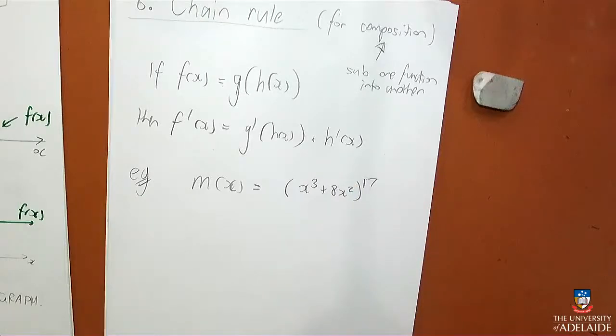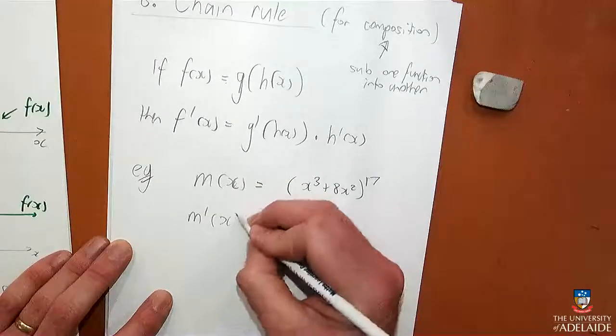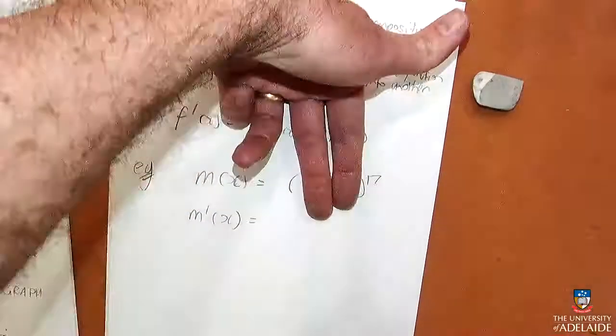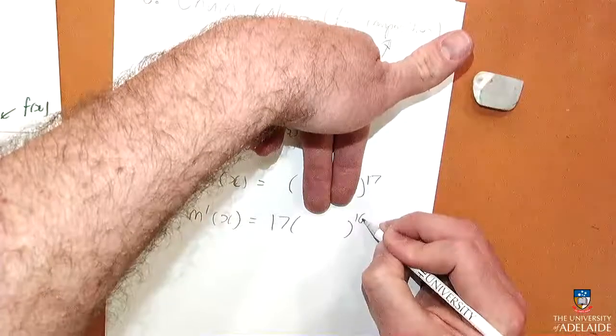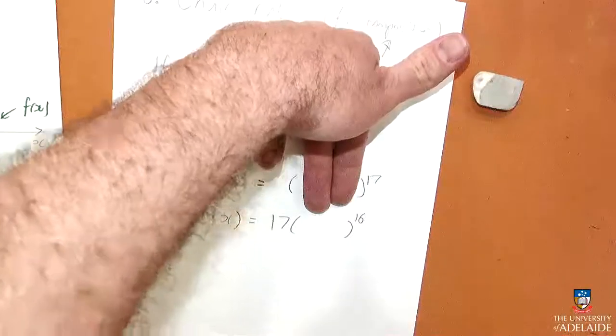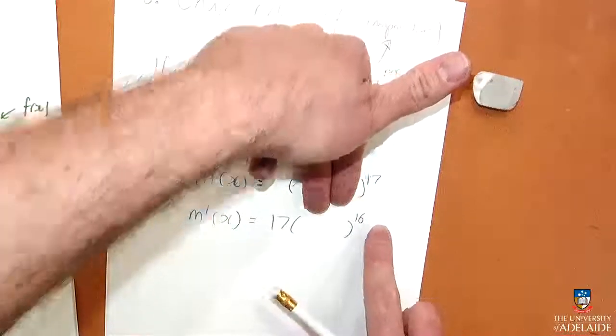So most people, when they do the chain rule, don't write out what any of these functions are called. They do this. So I'm going to pretend that that is an x. Okay, and if it was just an x, I would multiply by the current power, and I would put the power down by 1.